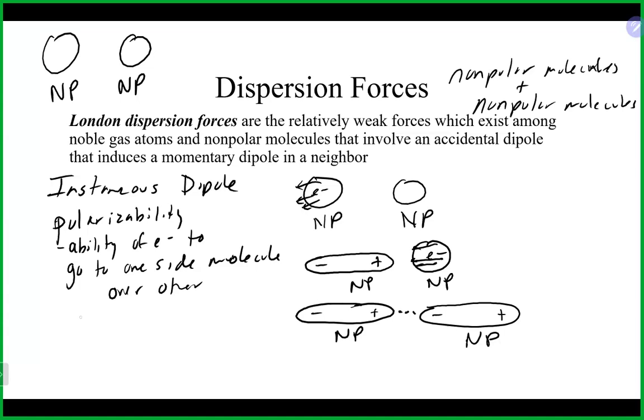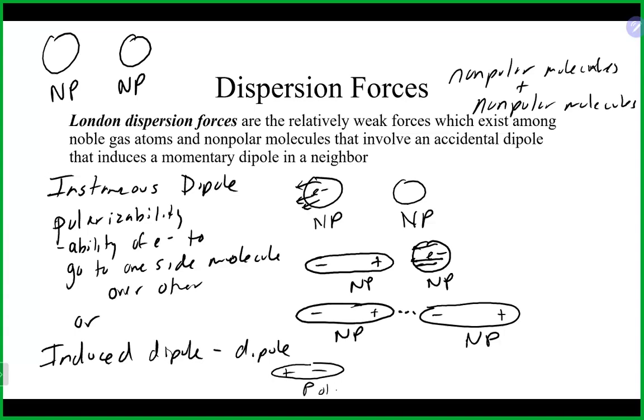Another way that you can do that is what is known as an induced dipole interaction. And that's basically, you could make the same sort of thing happen if you roll upon a polar molecule next to a nonpolar molecule.